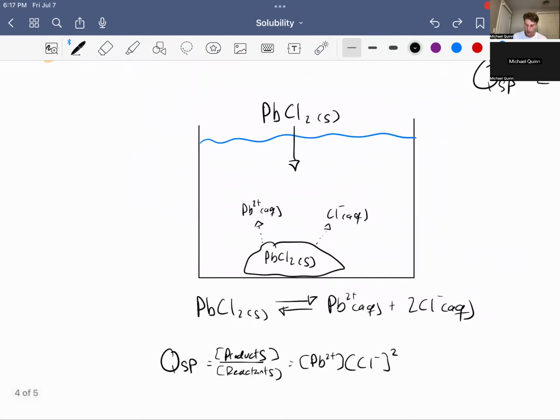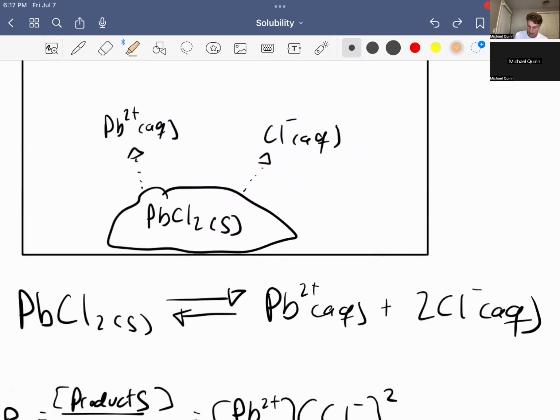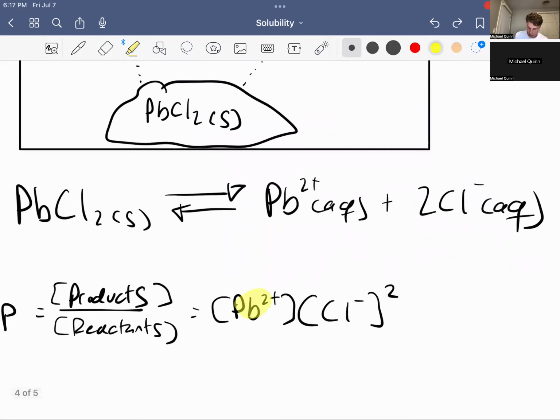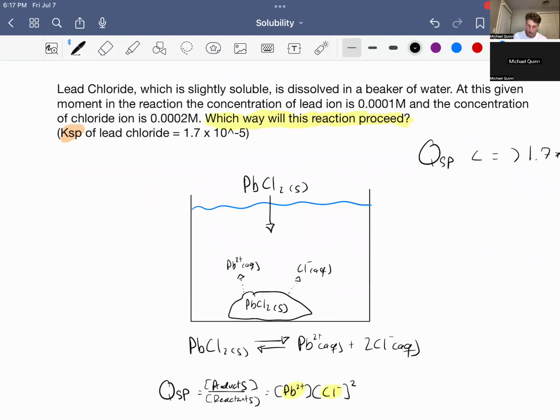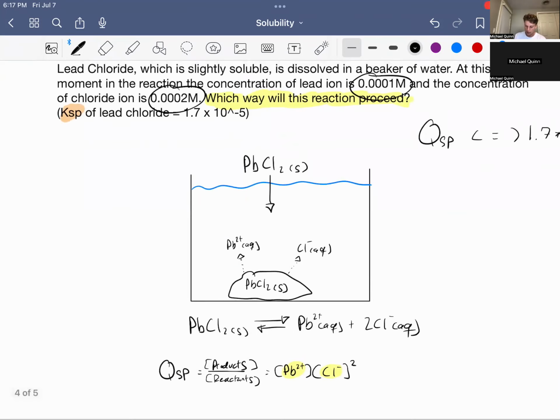So what we need to do is plug in our concentrations at this given moment in the reaction so we can solve for Qsp. So at this given moment in the reaction, the concentration of lead is 0.0001 molar and the concentration of chloride is 0.0002 molar. So let's plug that in.